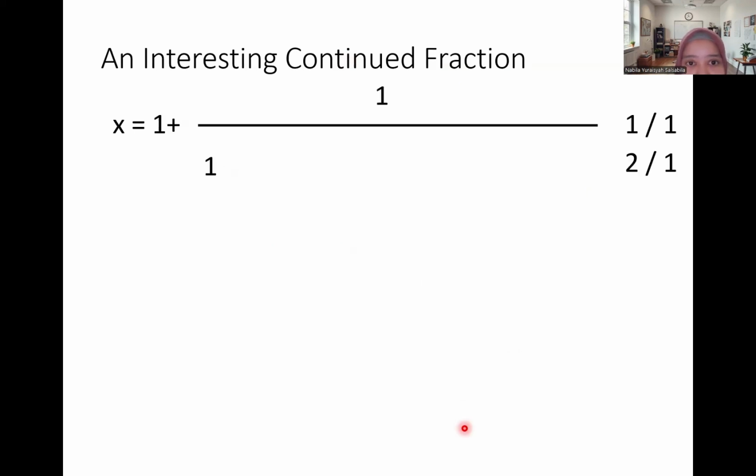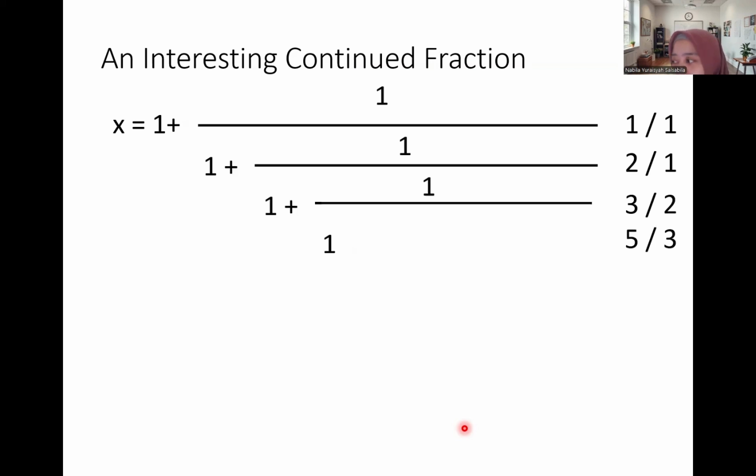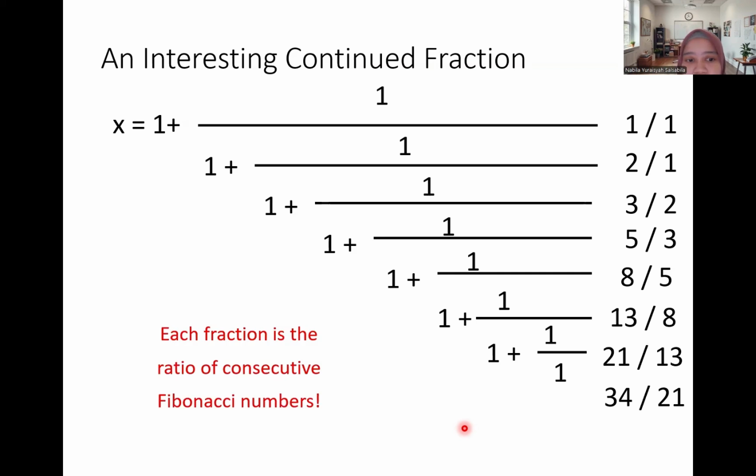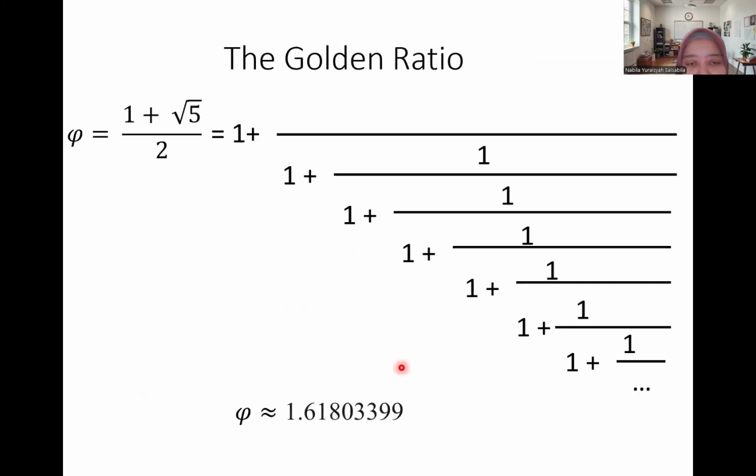Let's see another continued fraction: 2, 3, 5, and then 8, 13, 21, 34. Each fraction is the ratio of consecutive Fibonacci numbers. If anyone knows about the golden ratio, this is also a continued fraction.